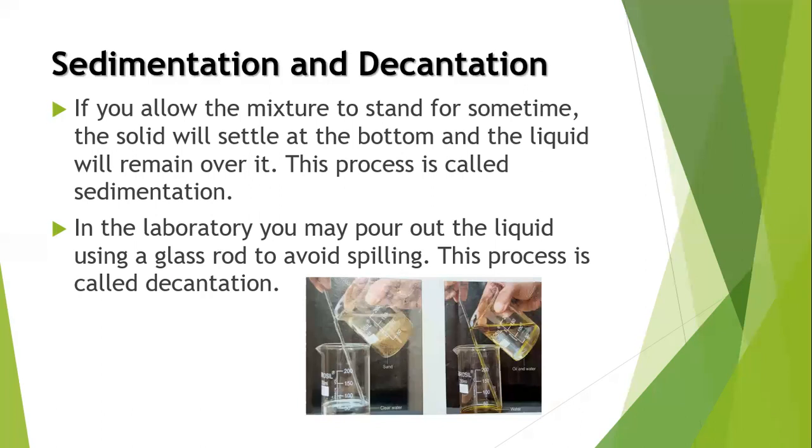This method is commonly used while making tea. When tea leaves are mixed with hot water, they float on the surface in the beginning. On soaking up the water slowly, they become heavier and sink to the bottom of the vessel.